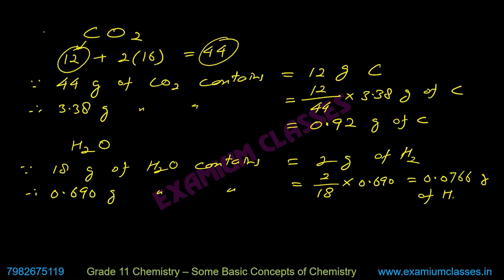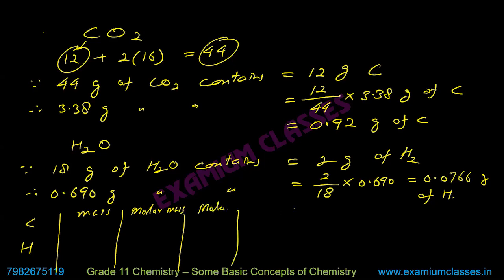Now we will apply the same method to calculate the empirical formula for carbon and hydrogen. First we will have mass, then the molar mass, then moles, then ratio, and then simplest ratio.